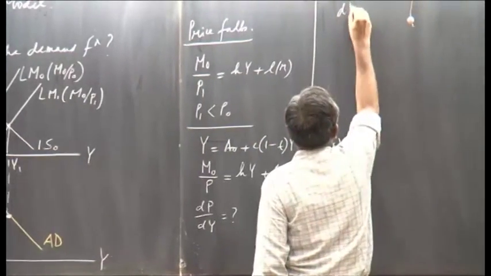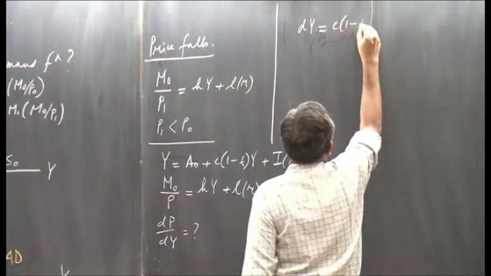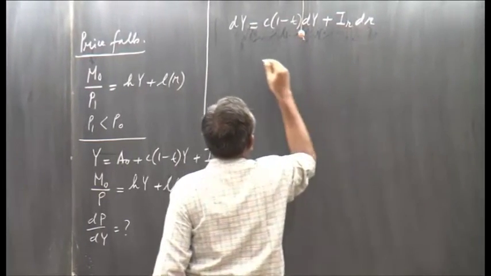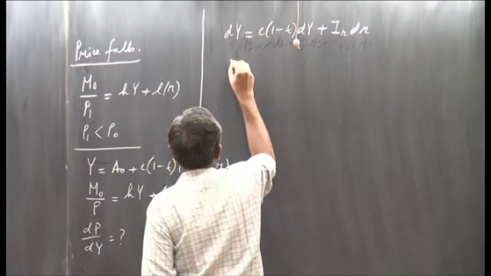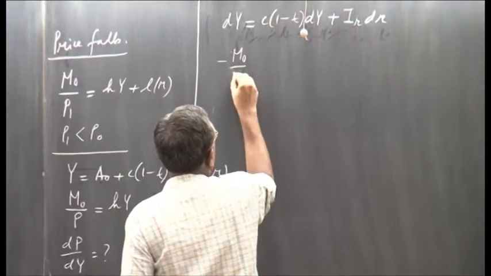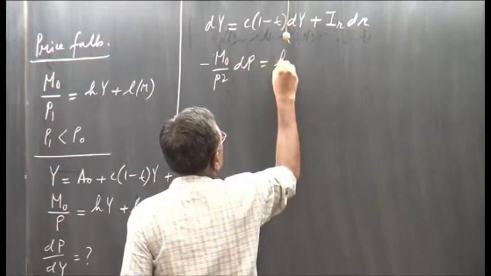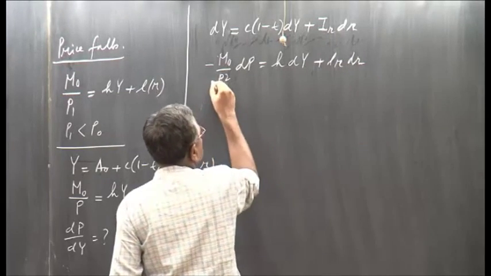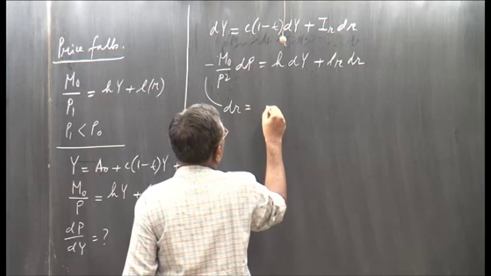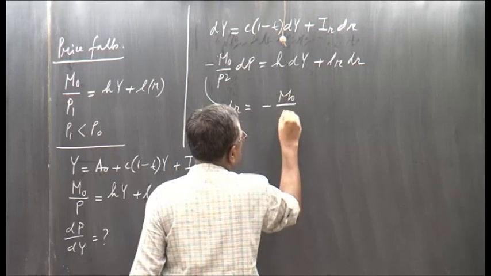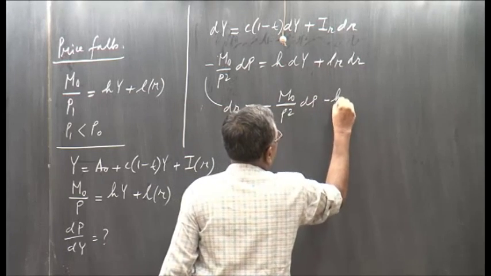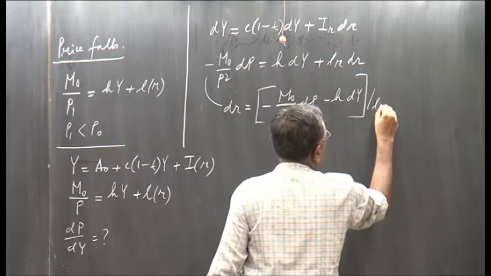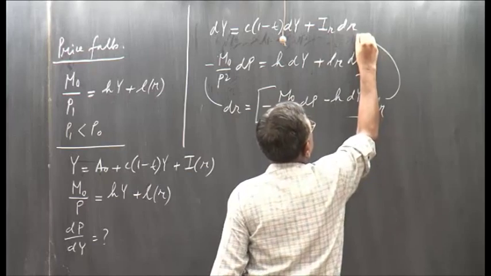The first equation will give you dY is equal to c into 1 minus t dY plus IR dR. The second equation, M is fixed, so it will be M naught over P squared dP is equal to H dY plus LR dR. Now from this equation you can get dR. So dR is equal to minus M naught over P squared dP minus H dY, divided by LR.